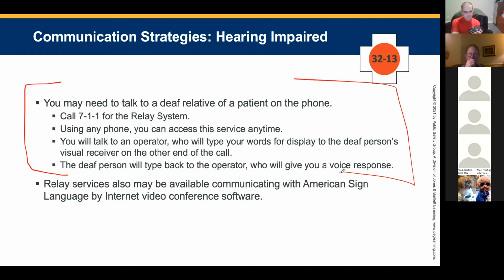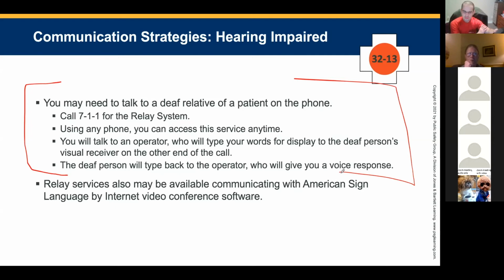Well, I can tell you a little bit if you want the quick version. Say you want to reach somebody who's deaf or hard of hearing, you would dial 711, and then we would get the number from you, and we would call that person, and then everything you're saying would be typed to the caller, and they would read it on their screen, and then we would read back what they typed to you.